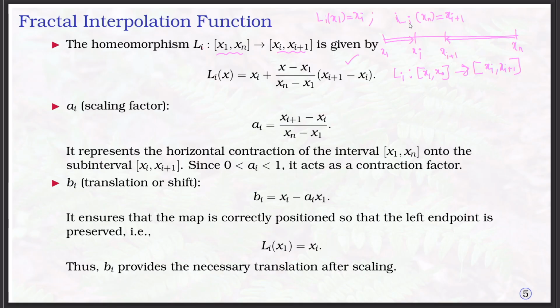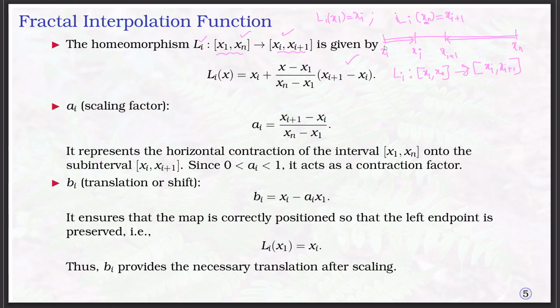That means, for each i, if you operate the function Li on the initial point, it must map to the initial point of the subinterval. If you operate on the endpoint xn, it must map to the endpoint of each subinterval. Now, we need to find whether such a mapping Li exists between these two intervals, the whole interval as well as the subinterval.